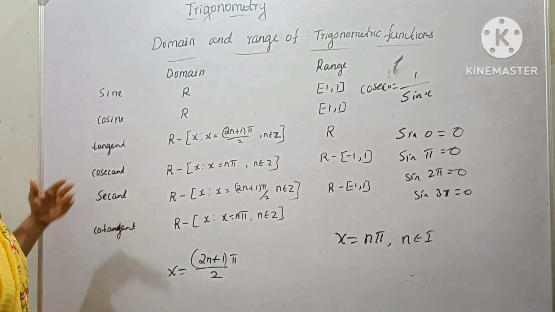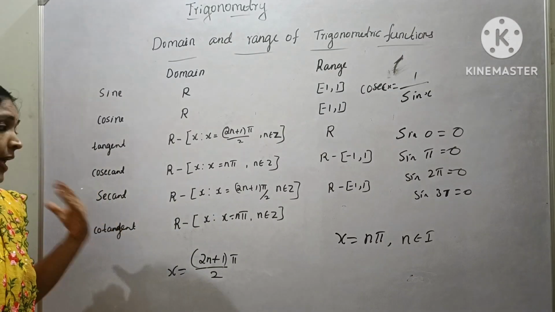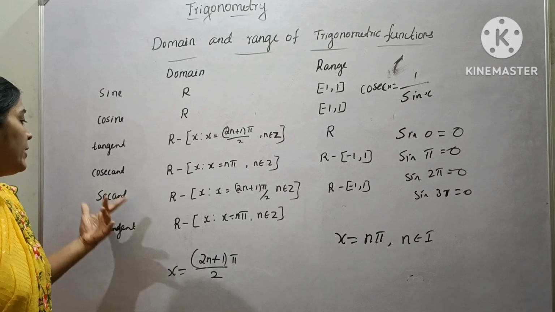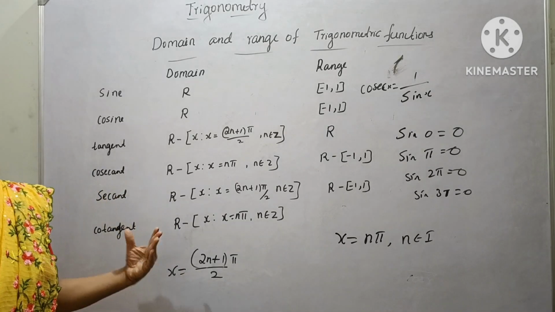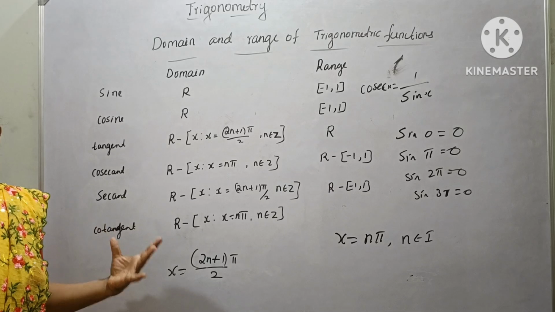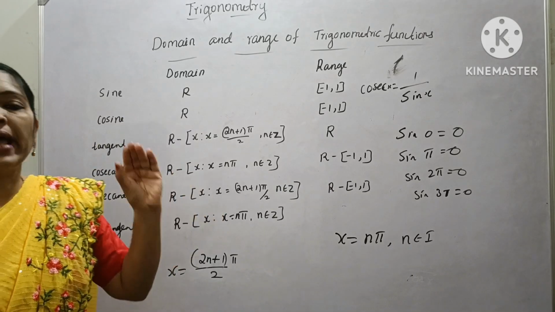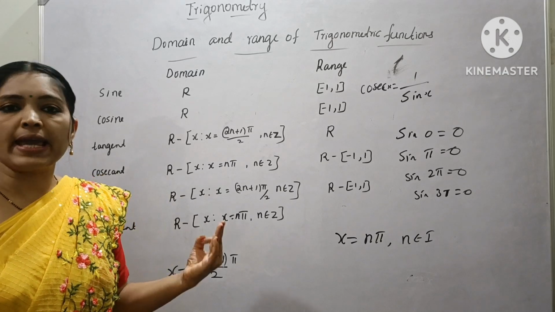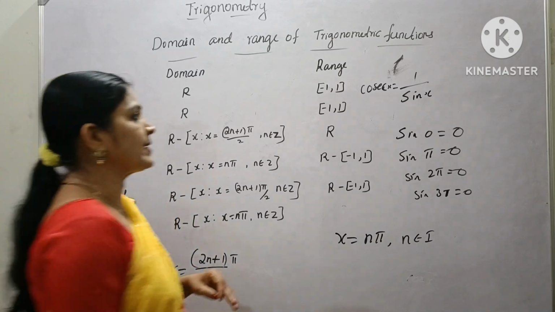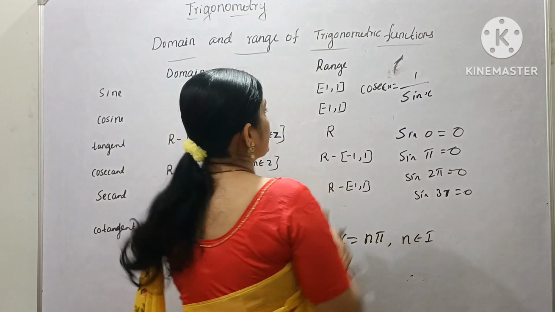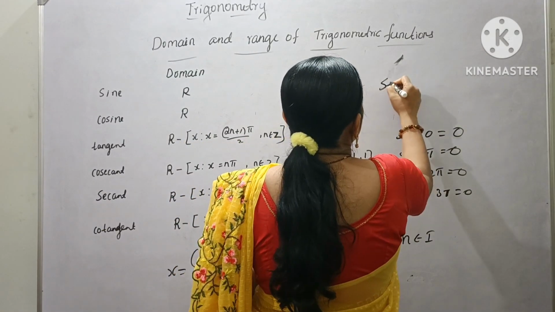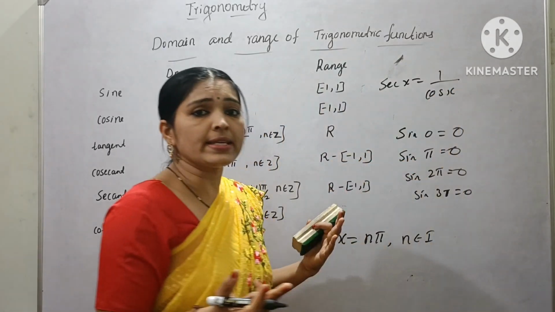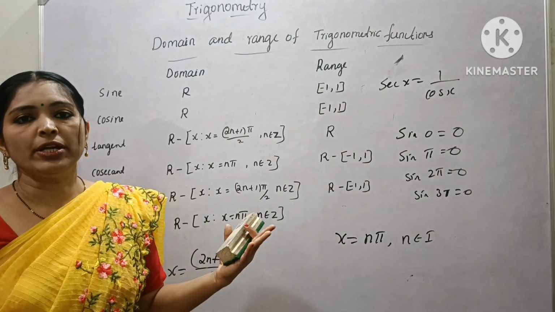Again, next the secant function. In the same way, by the same method, the secant function will be defined for all values except the values that make cos 0. Why? Because sec x is equal to 1 by cos x. When cos x is 0, sec x will not be defined.